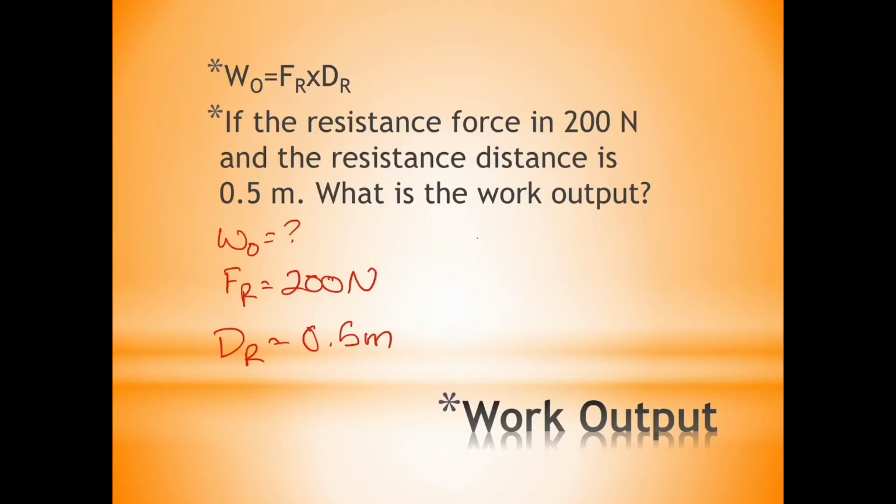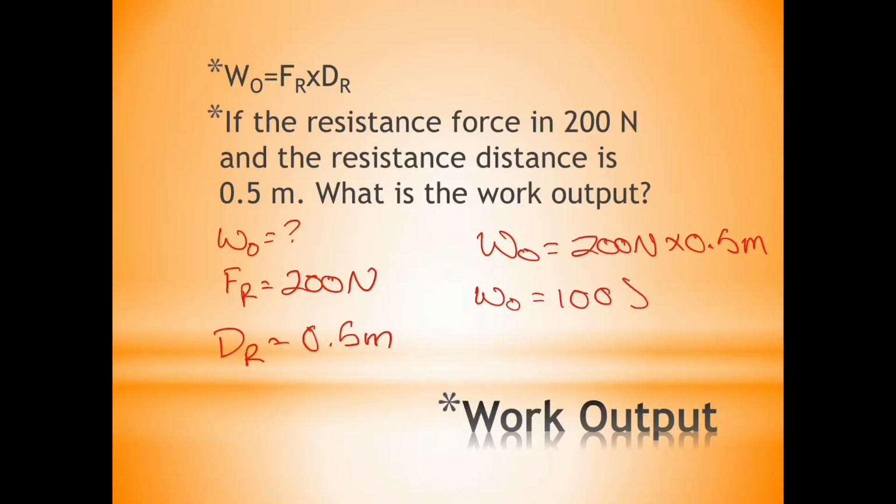Okay, so if we put this into our equation, it should look like this. And if we go ahead and calculate that, you should get a work output of 100 joules.